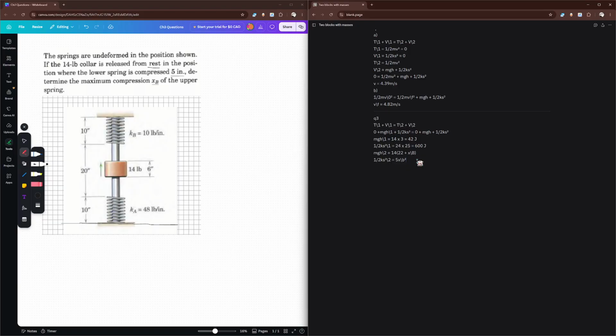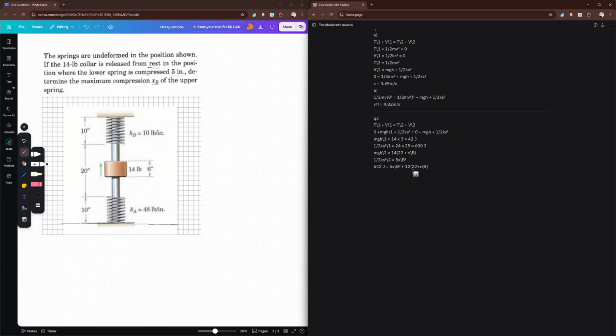So putting this all together now, on the initial side we have 642 joules, which is equal to 5xb squared plus 1422 plus xb, right?